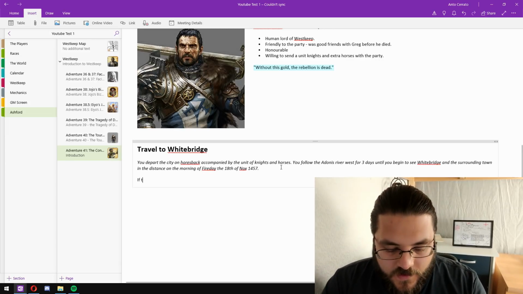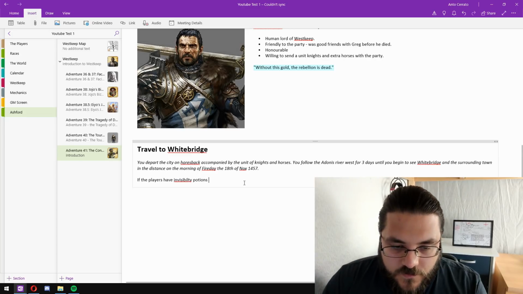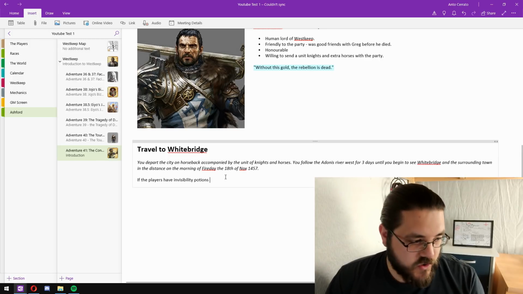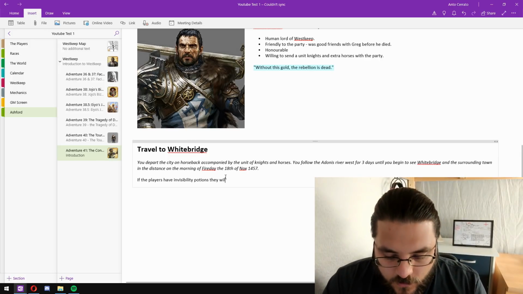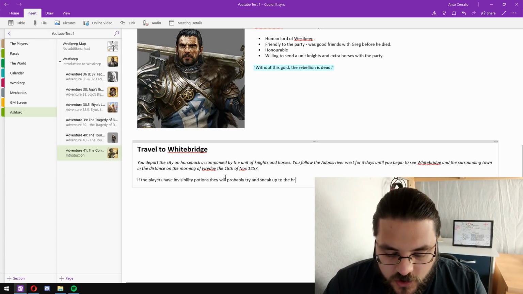So here I put, if the players have invisibility potions, they will probably try and sneak up to the bridge for a closer look.